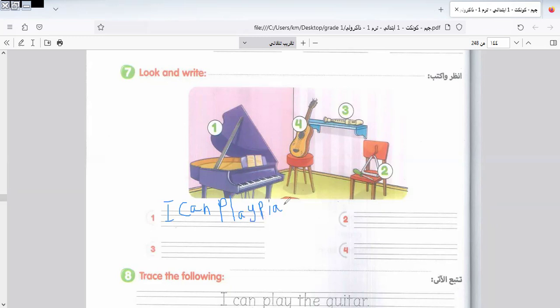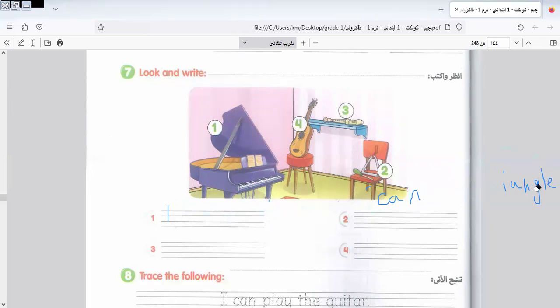So here we do this exercise to trace and to practice how to use I can do something. I can play piano. I can play guitar. Here, number 2, I can play triangle. So I will leave the rest to do by yourself.